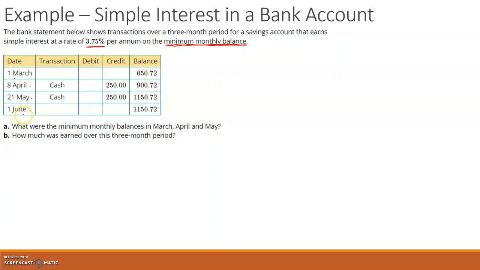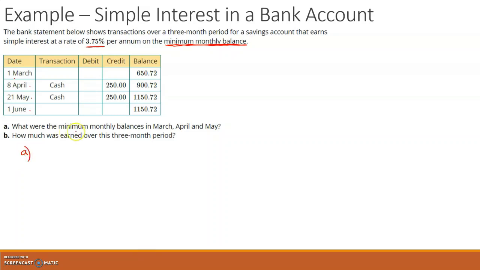Then finally, in June, there was no transactions recorded at all, so we could assume the minimum monthly balance in June was still $1,150.72.